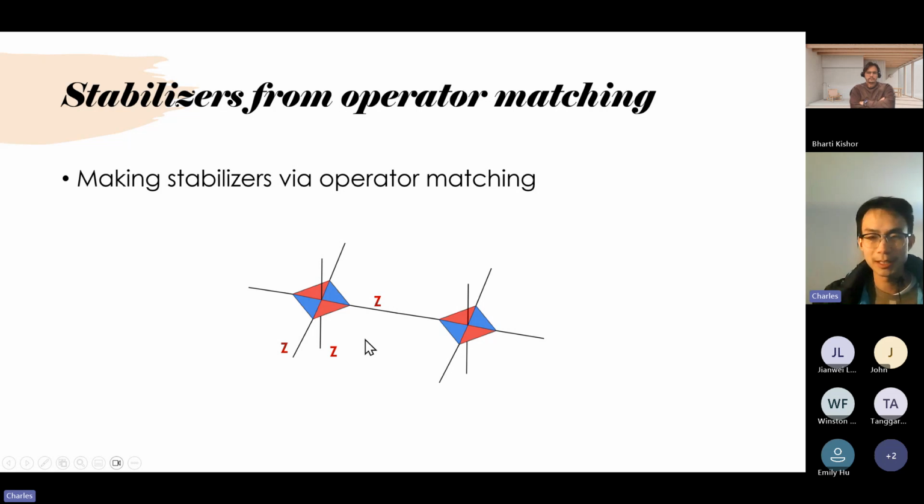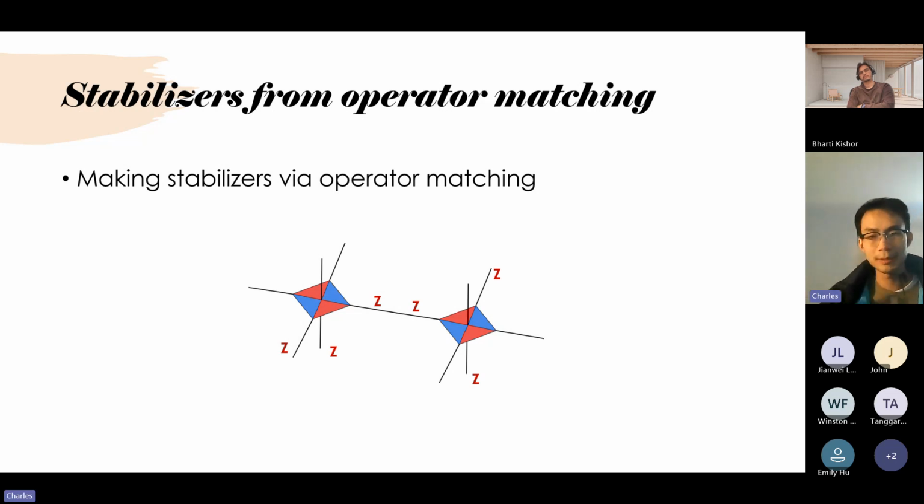To generate a stabilizer of the entire thing, I just have to find a matching stabilizer on the right code as well, such that the two operators acting on this connected edge are matching. And whatever operator is acting on these remaining dangling legs is a stabilizer of the new code after we glue them.